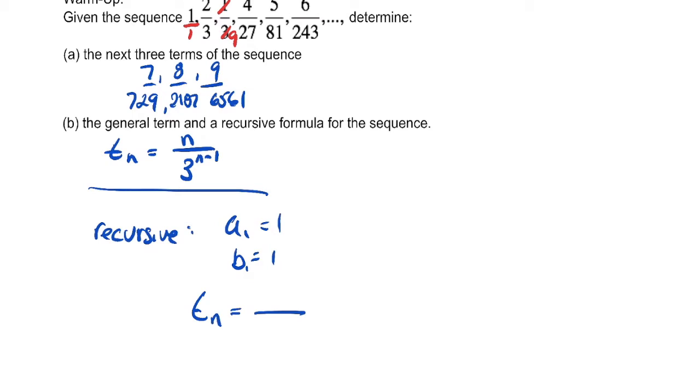The numerator is going up by 1, which we can see as a general arithmetic sequence going up by 1 all the time. So T of n is going to be A of n, the previous term's numerator, adding 1, and then the denominator is the previous denominator multiplied by 3. This is in general when n is greater than 1.